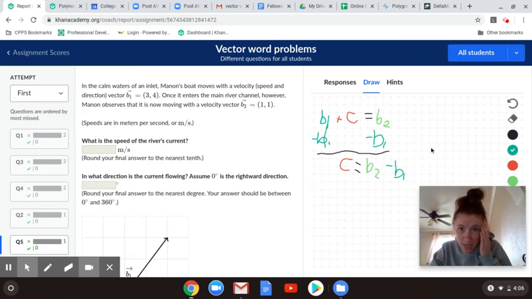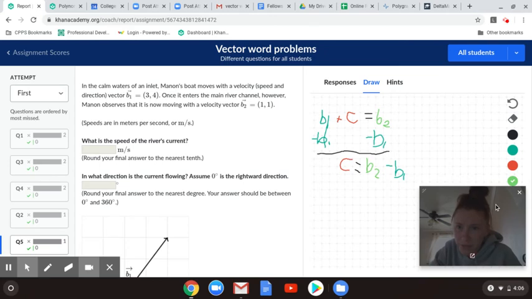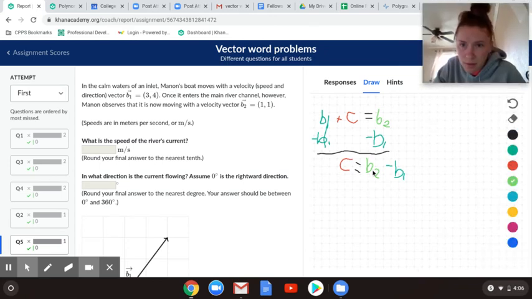So I need to take B2, which is (1, 1), and we'll subtract B1, which is (3, 4).